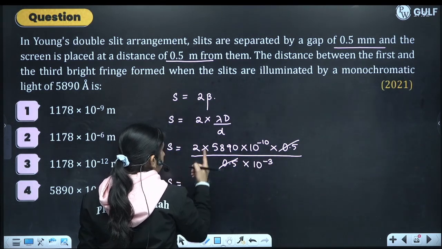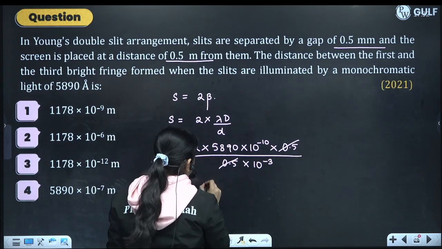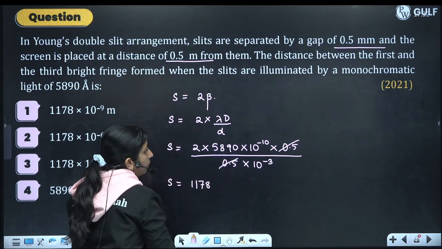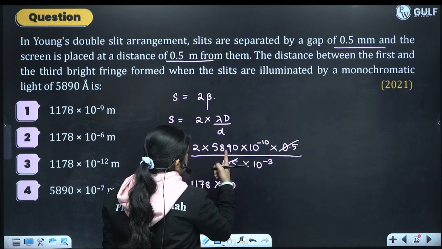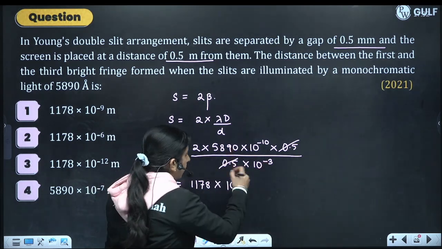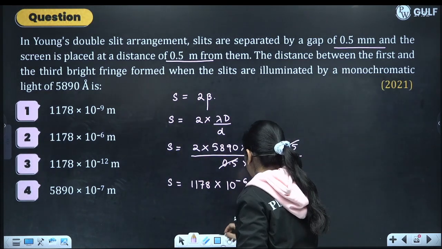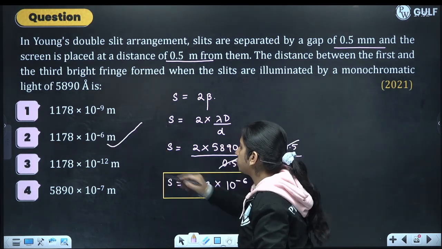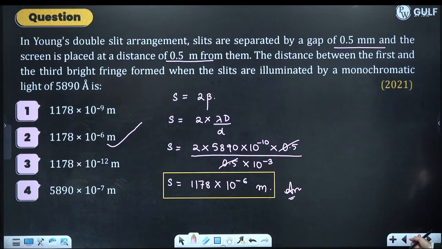S will be equal to 2 into 5890 into 10 raised to the power minus 10 into 10 raised to the power 3. What we will get? 1178 into 10 raised to the power minus 6 meter. Option number 2 will be the answer over here.